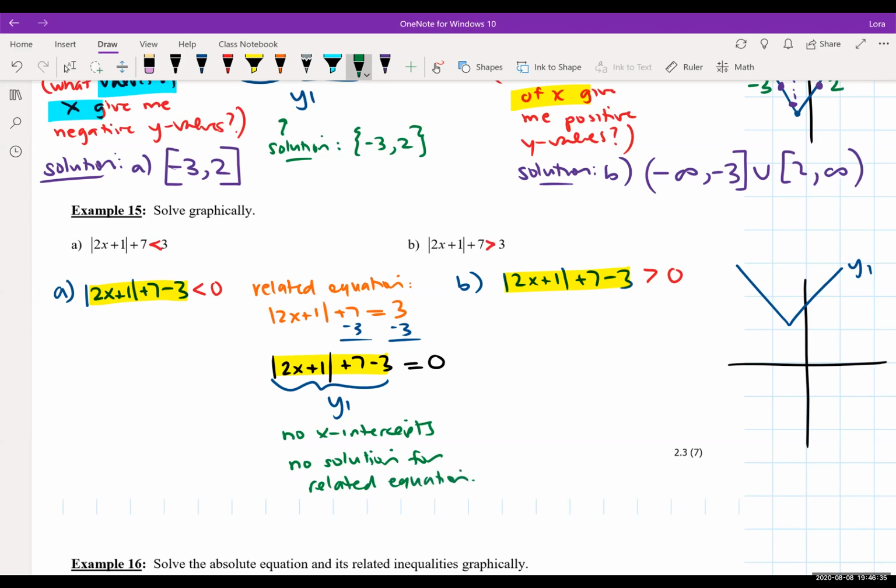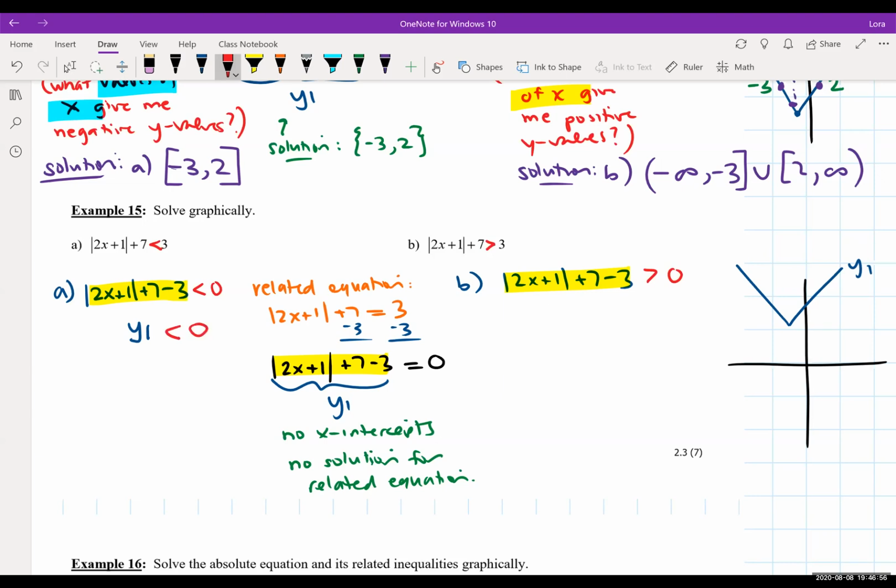So that's great, but that doesn't help us out with our inequalities quite yet. So we're going to have to do some interpretation. Remember, we called the left-hand side of the equation y1. And if we're looking at part A, we're looking at less than 0.